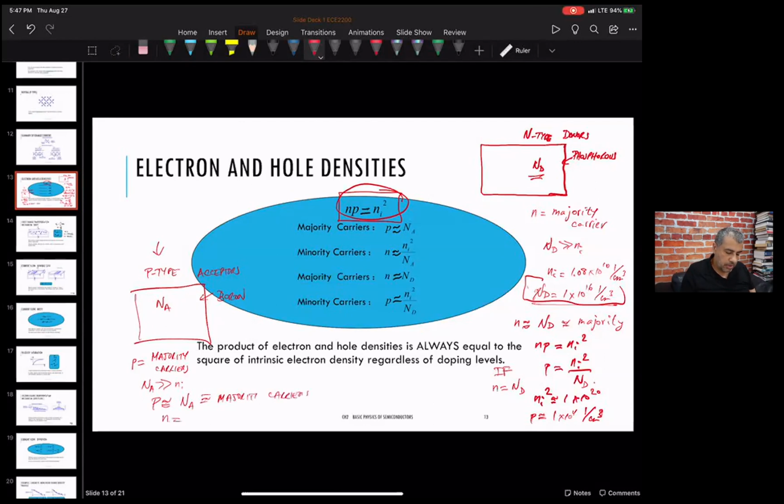The free electron concentration is n sub i squared over n sub A. That's the minority carrier concentration. Sorry about my handwriting, guys. So N-type material: majority carriers are electrons, minority carriers are holes. P-type material: majority carriers are holes, minority carriers are electrons.